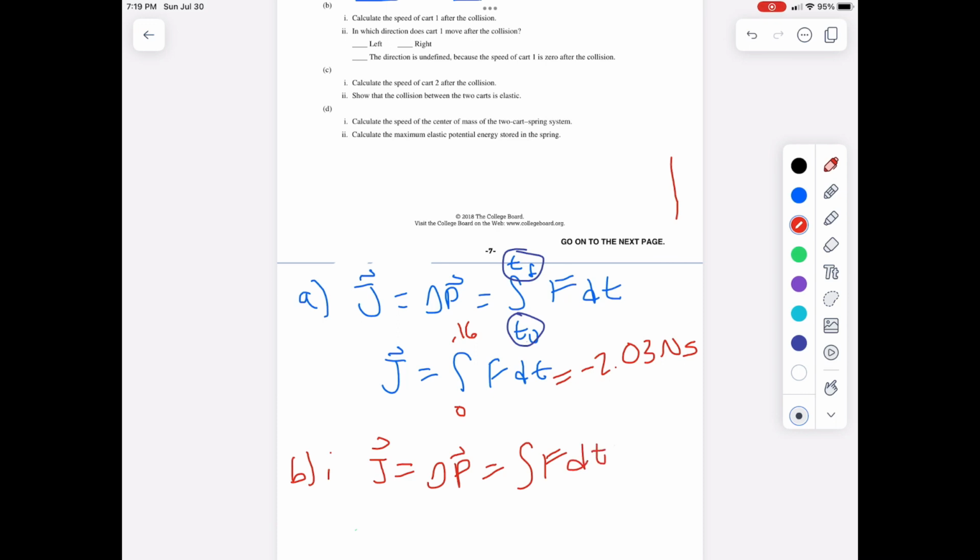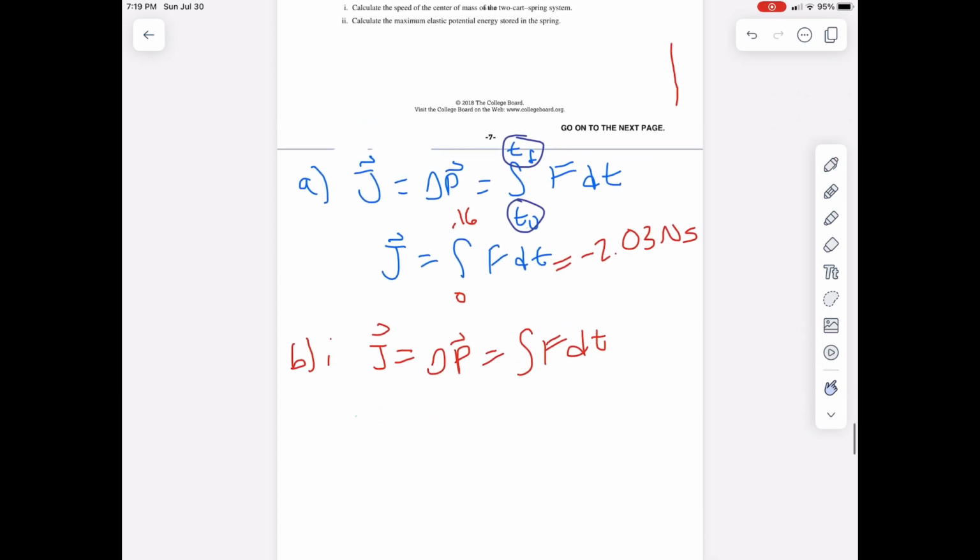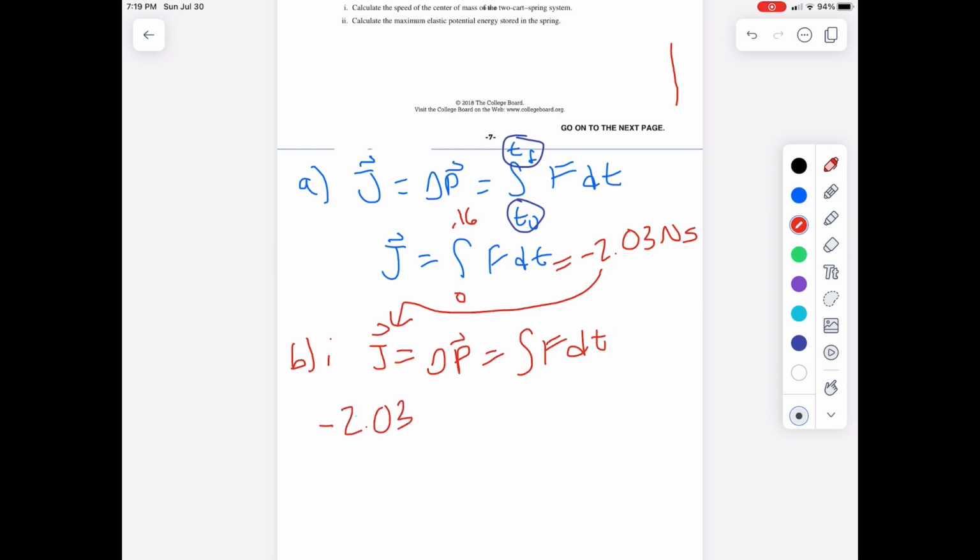But I want to find the speed of Cart 1 after the collision. So I know that change in momentum is just mass times final velocity minus initial velocity. Using my impulse from above, I can say that negative 2.03 is equal to m1 times its final velocity, which is what we're solving for, minus its initial velocity.